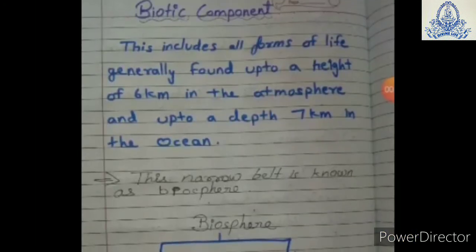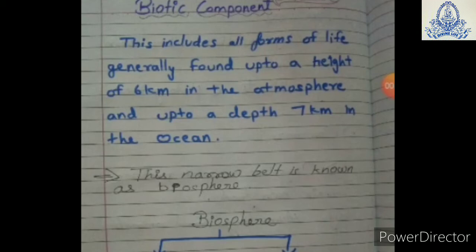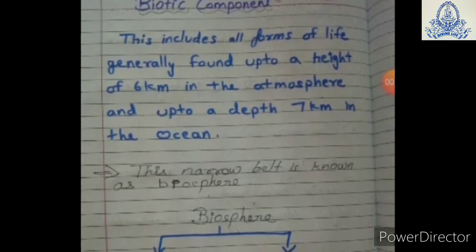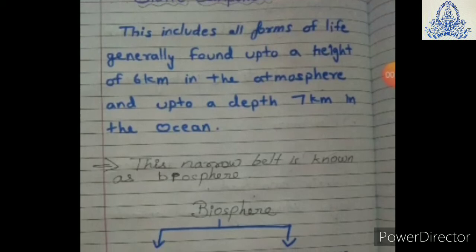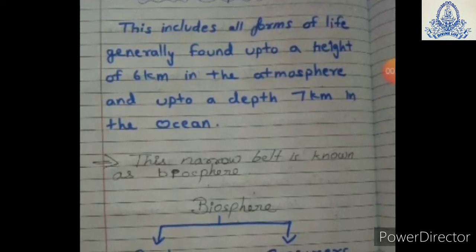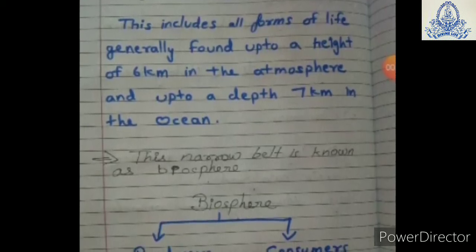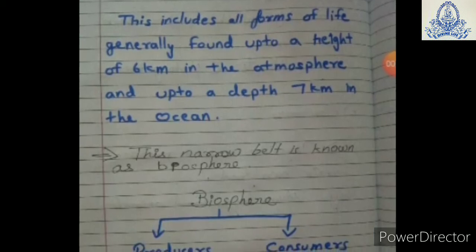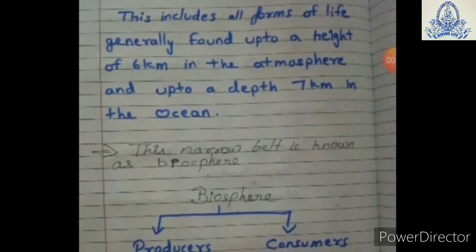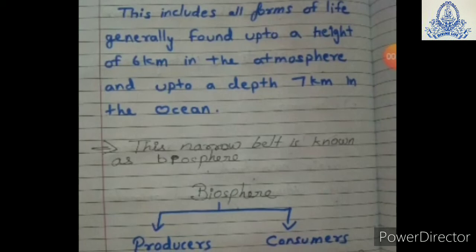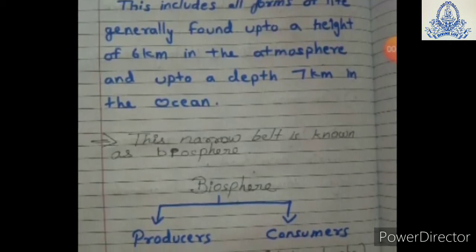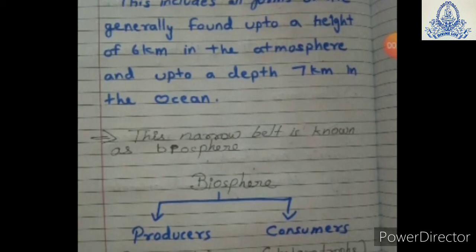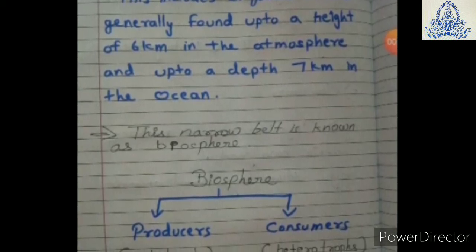We already understood the abiotic component. Now we will take the next topic, that is the biotic component. The biotic component includes all forms of life, including plants and animals. This includes all life generally found from the height of 6 kilometers in the atmosphere up to the depth of 7 kilometers in the ocean.